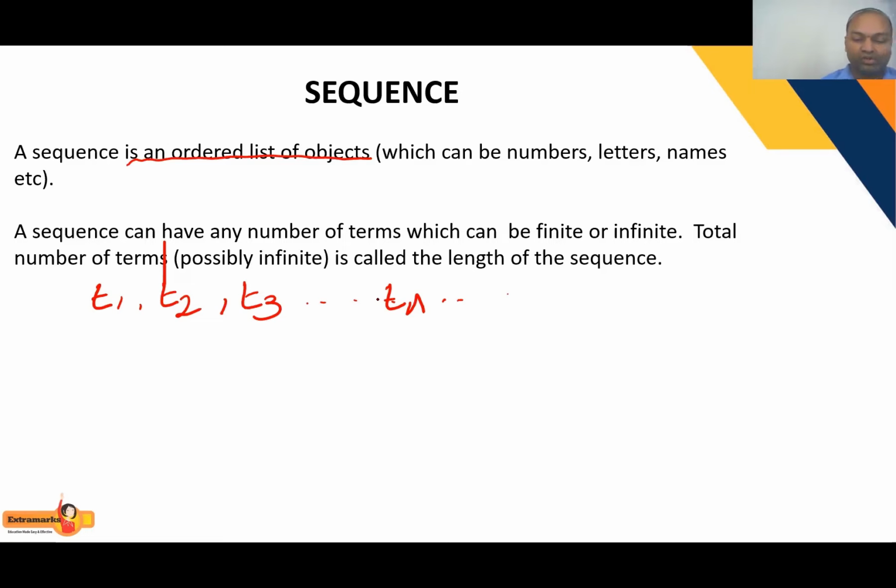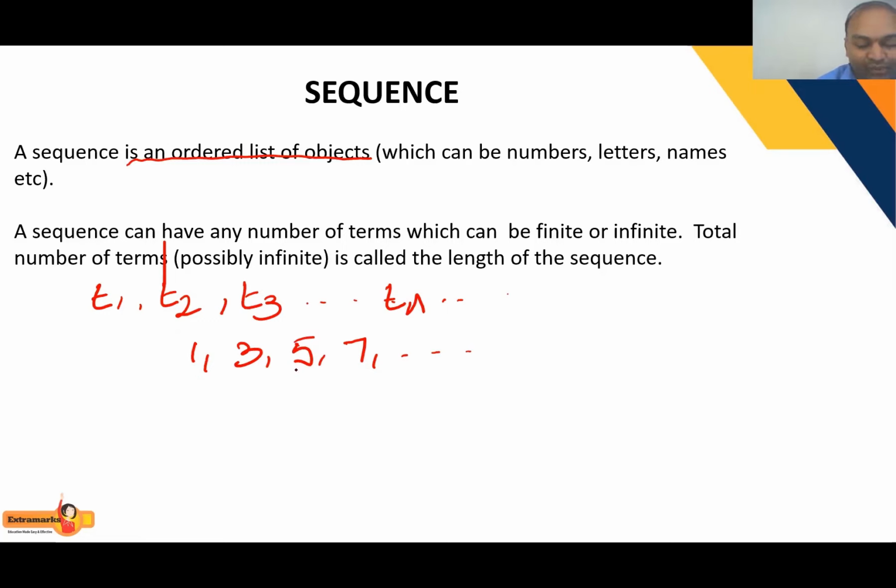Say for example, see here 1, 3, 5, 7, so on. Now you observe this one. Here the second term is equal to the first term plus 2: 1 plus 2, answer is 3.